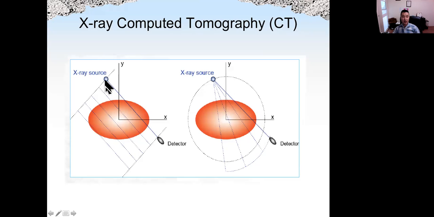We can either do slices which are parallel to each other, or we can do a 360 degree scan, like in this case. So we have a radiation source on one side of the specimen, and a detector on the other side of the specimen.